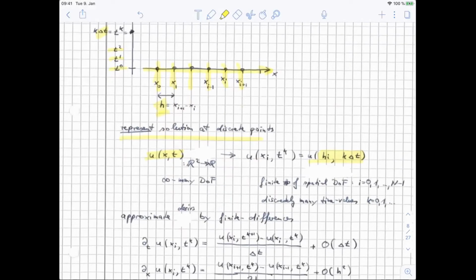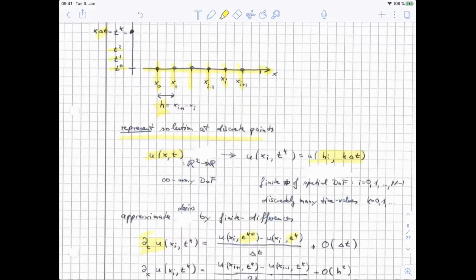Now we have this discrete representation of our original function. Now the question is, how can one deal with representing the PDE appropriately? And as the name suggests, the way to do this is by approximating the full time derivatives and the full spatial derivatives by the appropriate finite difference versions of the grid point values.